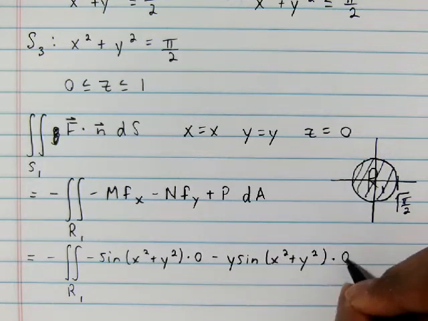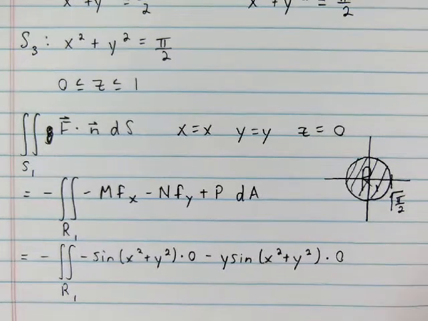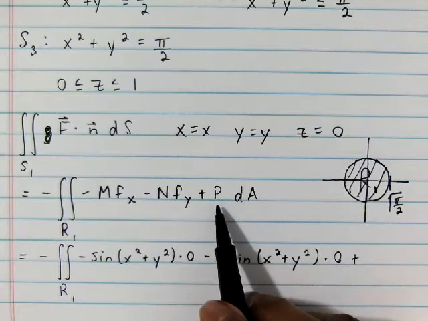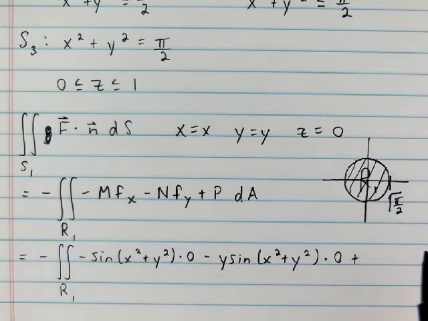So times 0. And lastly, plus p. We substitute our parameterization into p, but our p in the vector field is just 0. So it ends up being plus 0 dA.